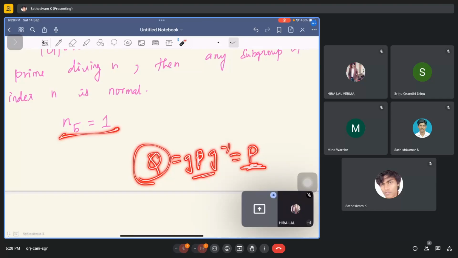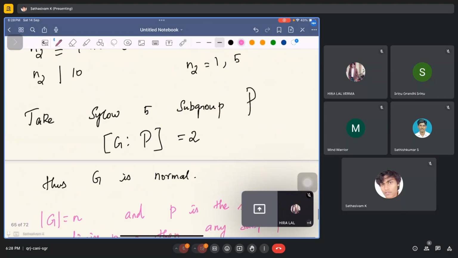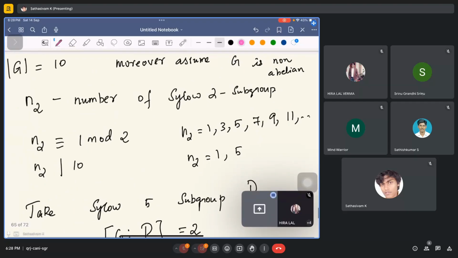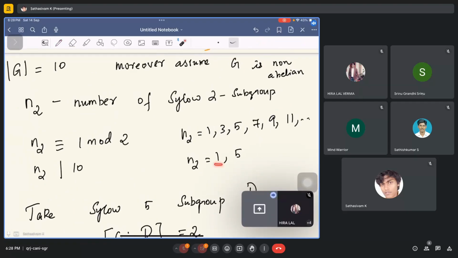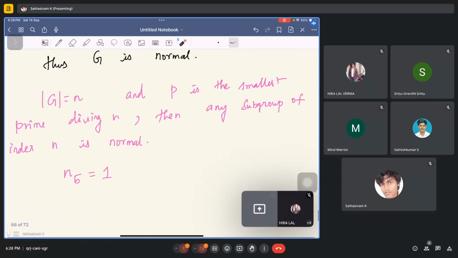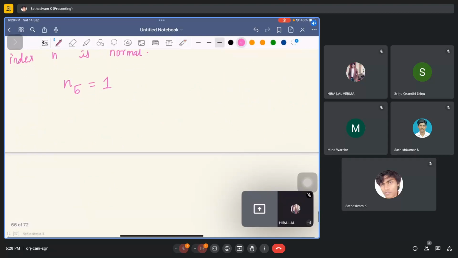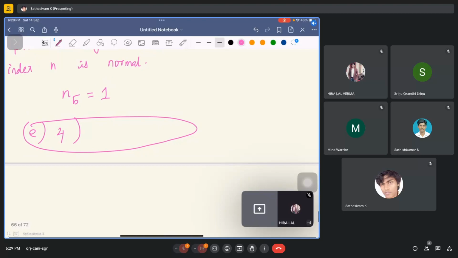So N5 is 1. So far what we have computed is N2 is 1 or 5, and N5 is 1. Again draw the diagram here. You have the identity, and N5 is 1, so you have 4 elements of order 5, making 5 elements.